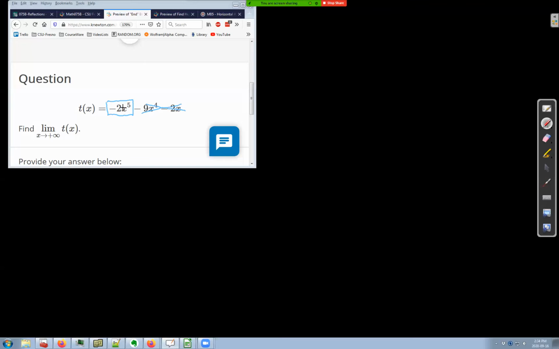So the point is that this term is going to dominate both of these other terms, because even though these other terms are really big, this term is going to be at least 1 billion times larger. Indeed, this term right here is at least 1 billion times larger than this term when x is 1 billion, and it's multiple billion times larger than this term. So when x goes to plus or minus infinity, you only have to look at the highest degree terms.